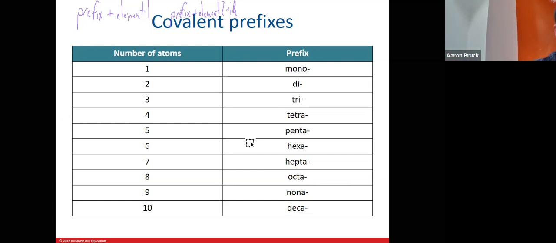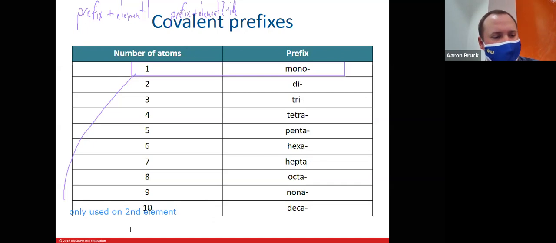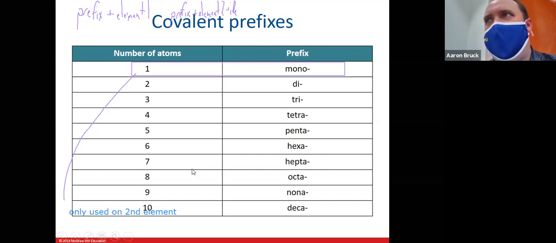One note I will make about mono is that it is only used on the second element. Prefix mono is only applied to the second element. It is never applied to the first element.